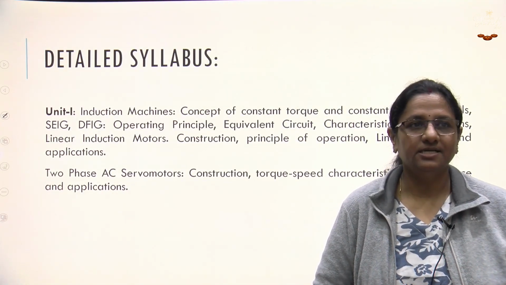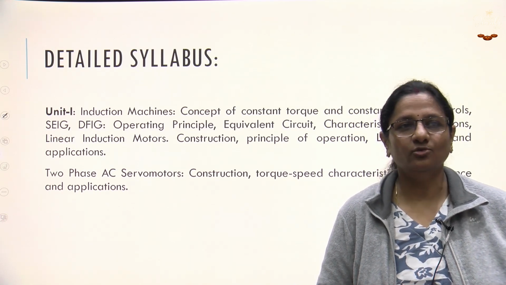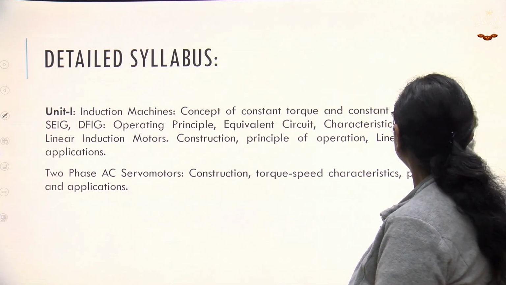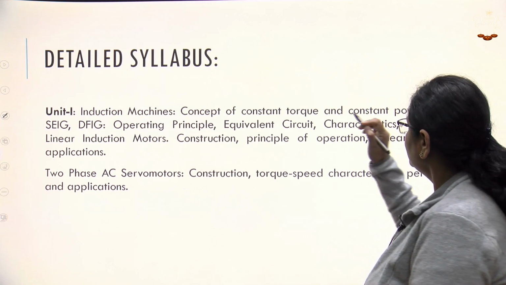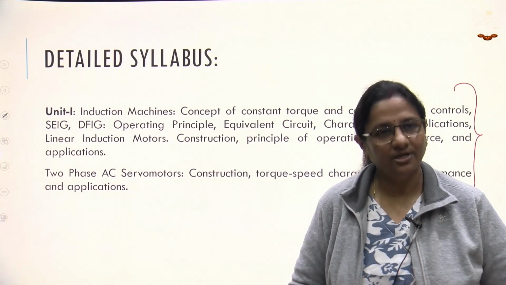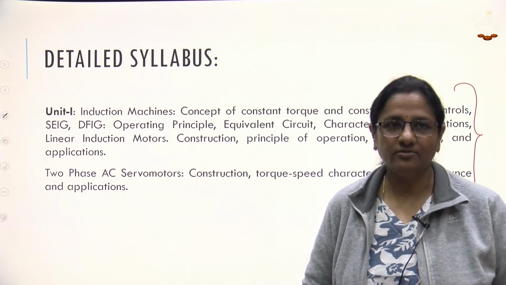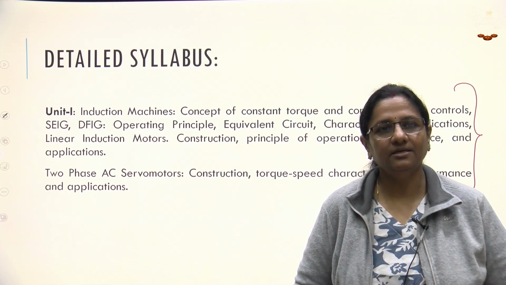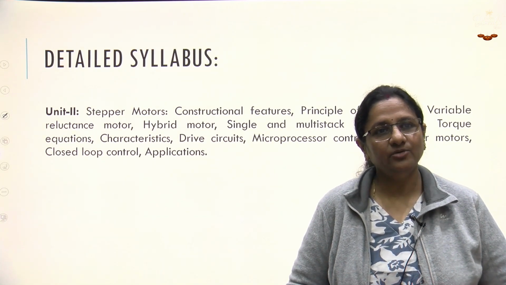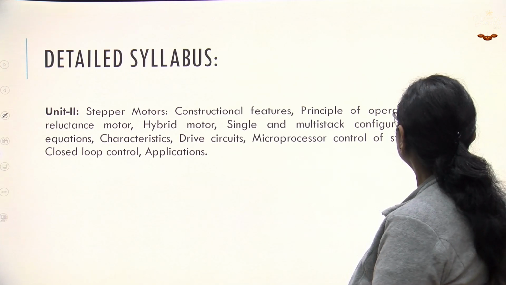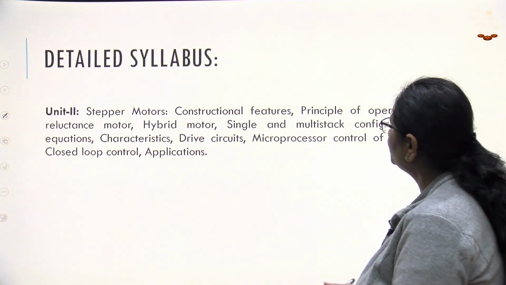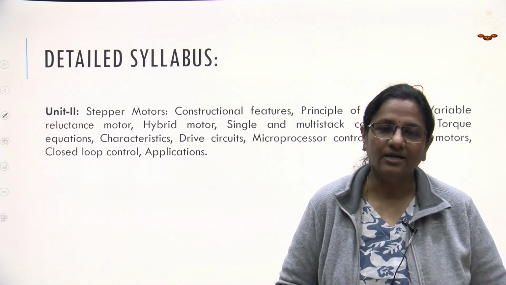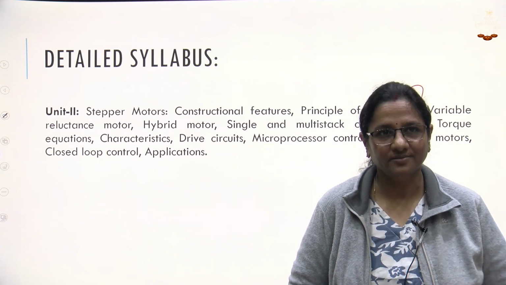And this is the detailed syllabus. The subject comprises 4 units. Unit 1 will cover the induction generator, self-excited induction generator, doubly fed induction generator, the 2-phase servo motor, which is basically a specially designed 2-phase induction motor, and the linear induction motors. Unit 2 is dedicated to stepper machines, various types of machines, their drive circuits, characteristics, operation and applications.